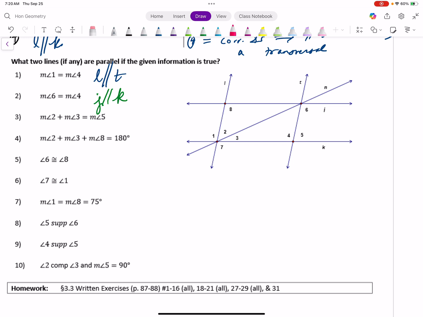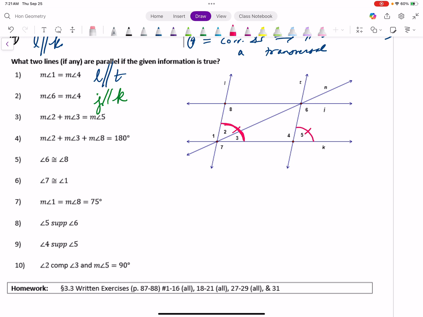The measure of angle 2 plus the measure of angle 3 is the same as the measure of angle, what am I saying? Okay, so 2 and 3 put together, that measure is the same as this. I don't know why I was separating them out. Sorry, I skipped down to number 4.